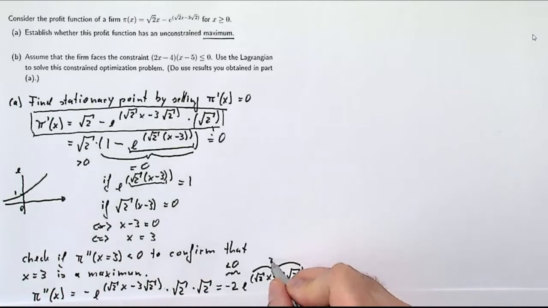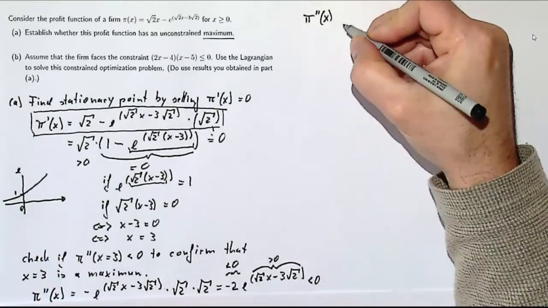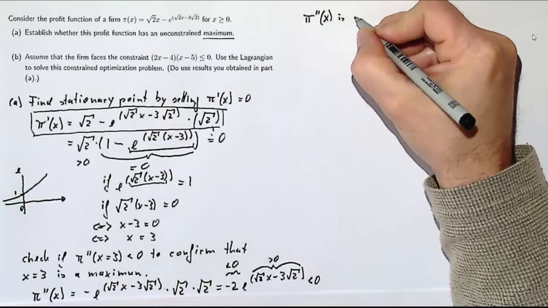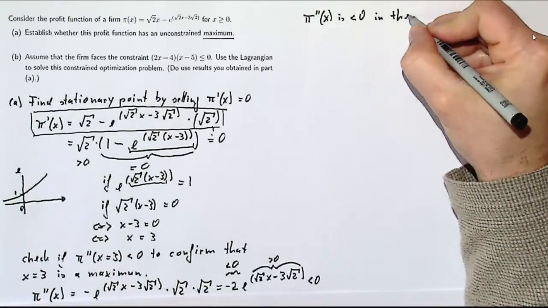So negative 2, this of course is always smaller than 0. The exponential function, if you understand the exponential function, is always larger than 0. So altogether this will be smaller than 0 for all values of x, because the exponential function will always be positive, even if the input is negative.